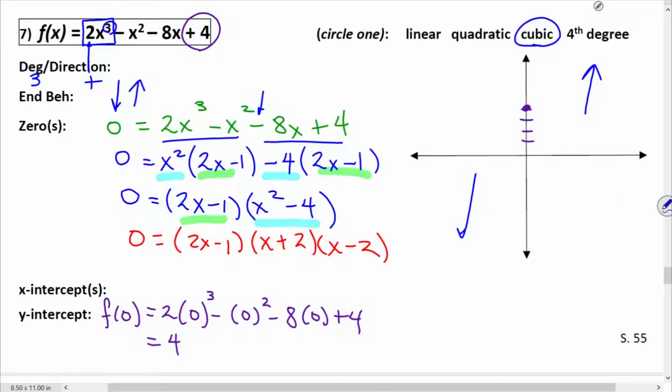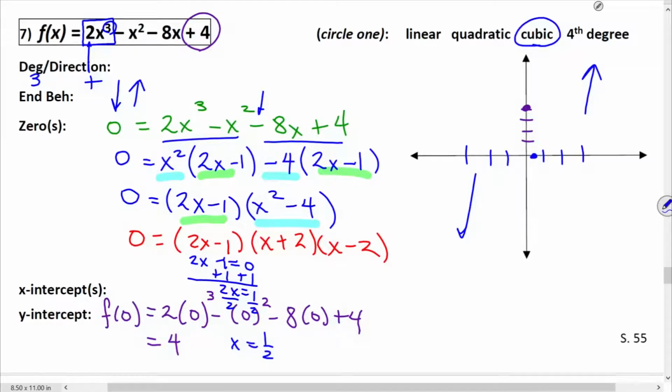Once I have it fully factored, then I will find my zeros. So I have 2x minus 1 equals 0. Add 1 to both sides, and I get 2x equals 1, or divide by 2. x equals 1/2 is one of my x-intercepts. So I get this 1/2 right here.